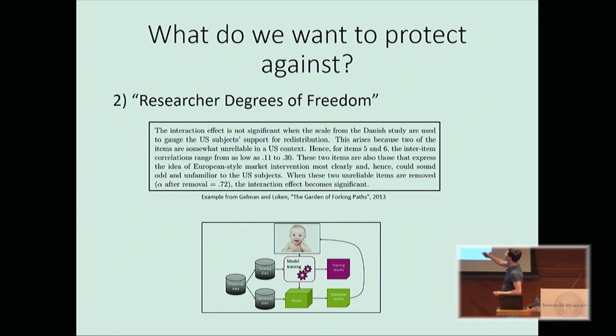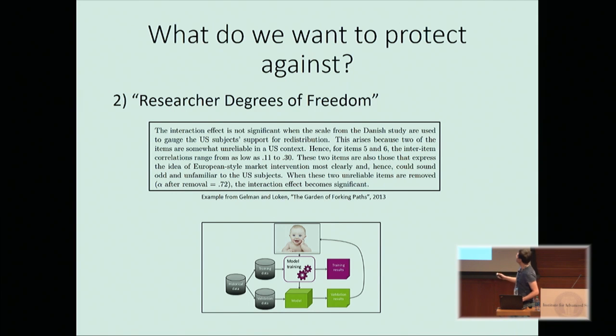Okay, so don't bother reading the paragraph, but this is an example that Gelman and Loken quote. This is a paper in which a research team is trying to replicate an effect they found among members of the Danish population in members of the American population. So they ask people to take a survey. And what they say here is that initially when you give the same survey to the Americans and run your regression, you don't find the same effect.